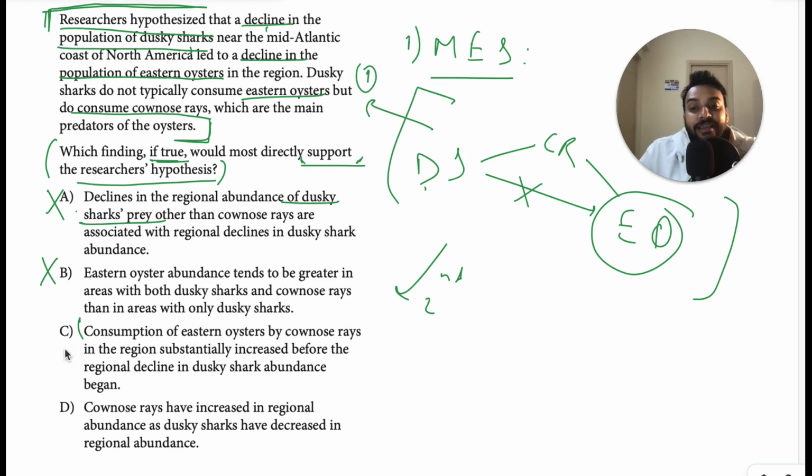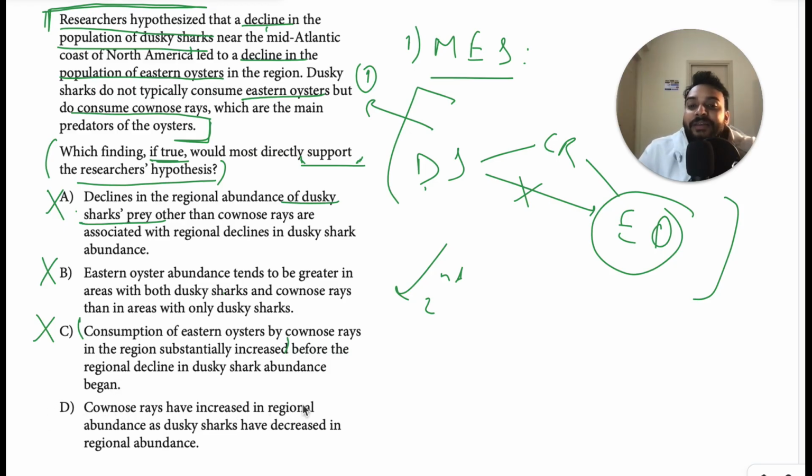But in option C, the first part is correct, but the second part, before the regional decline, is not possible, because if the sharks have not declined, the cow-nose rays will keep getting eaten up. So this is also wrong. So inevitably option D is correct, but let's see.